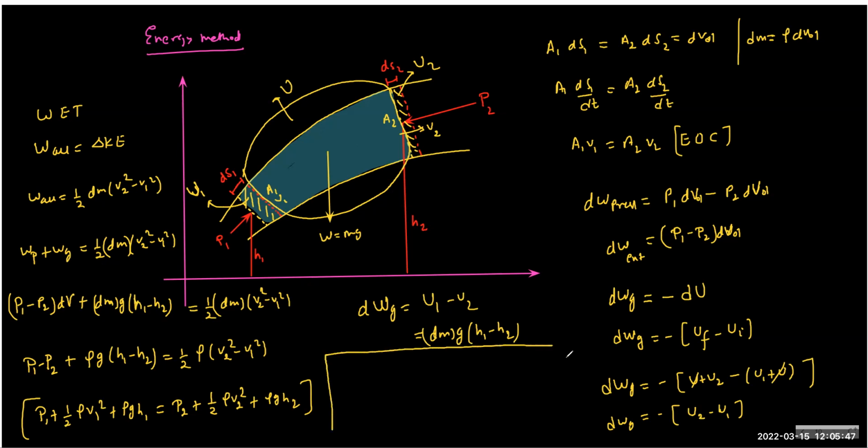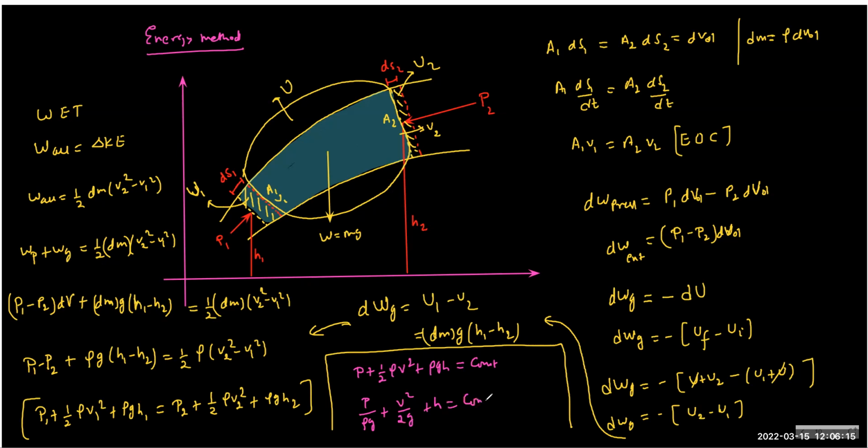So now we can say P plus, and therefore P upon... So this is the statement of Bernoulli's equation, that the sum of pressure head, kinetic head, and potential head always remains constant along any streamline, and you can apply it between any two cross sections.